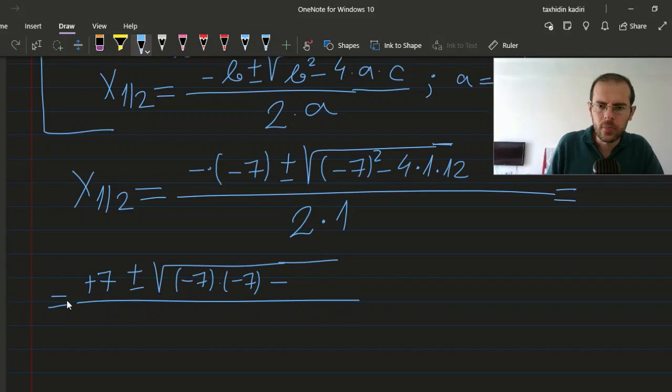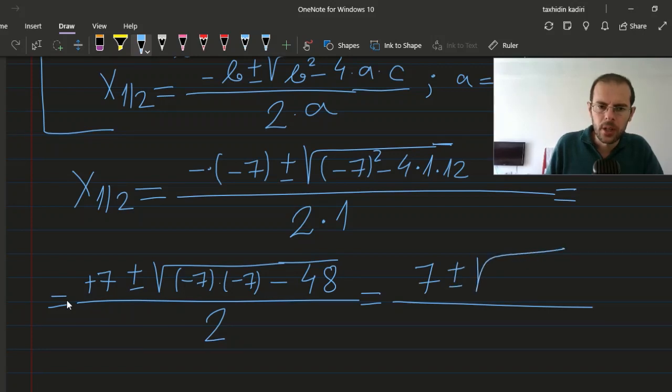Minus 4 multiplied by 12 is 48. 7 is positive, we don't need to write the plus. Here is very interesting: minus multiplied by minus is plus. 7 multiplied by 7 is 49 minus 48. Here we divide all this expression by 2.